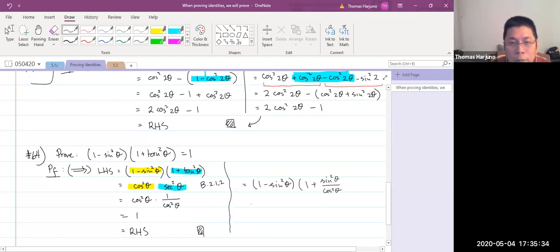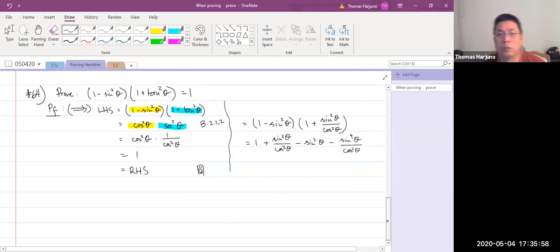And then you need to do the FOIL: 1 plus sine squared theta over cosine squared theta minus sine squared theta minus sine to the 4th theta over cosine squared theta. Well, that's a lot of work there. Okay, and then from here you do the LCD and so on and so forth. That will be very busy and overwhelming.